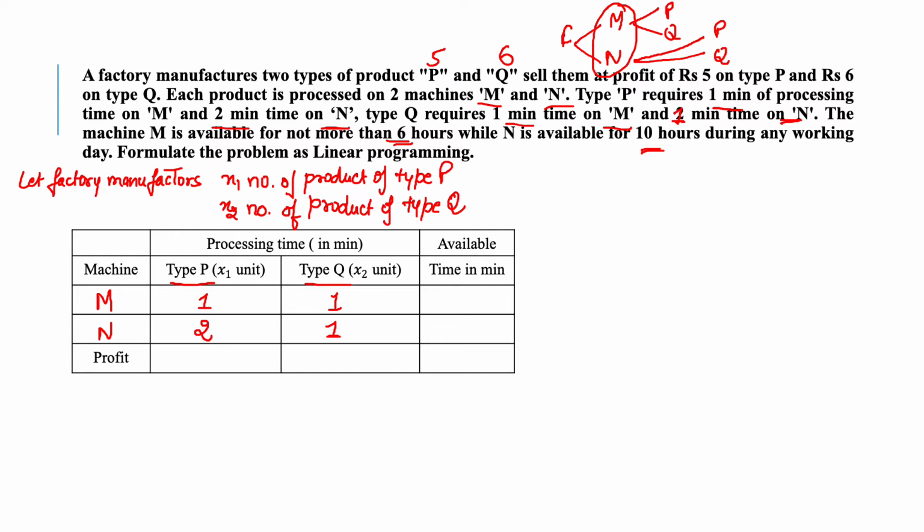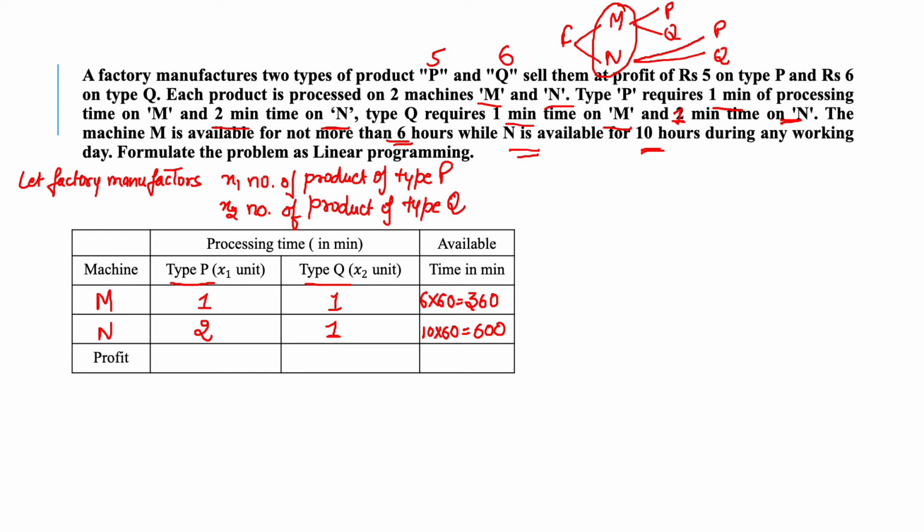Now the maximum time is 6 hours for machine M, so we multiply 6 by 60 and get 360 minutes, the available time of machine M. Similarly, the available time of machine N is 10 hours, so again we multiply by 60 to convert into minutes, giving 600 minutes.